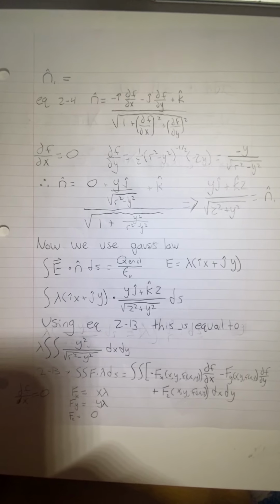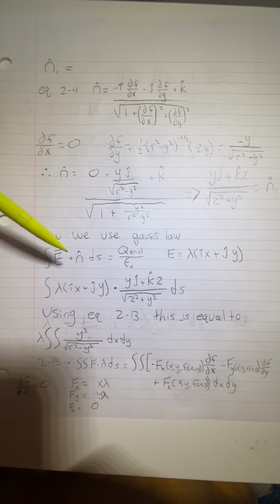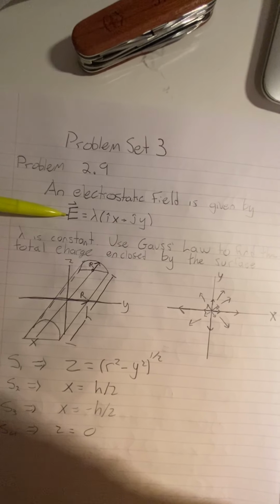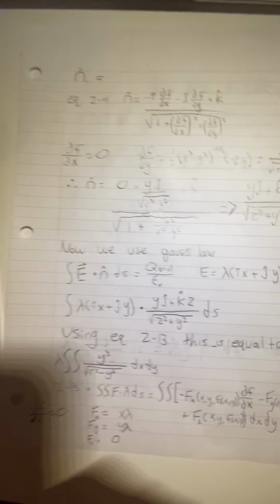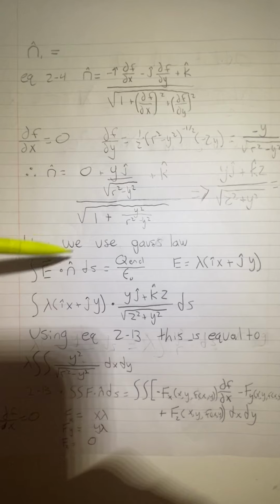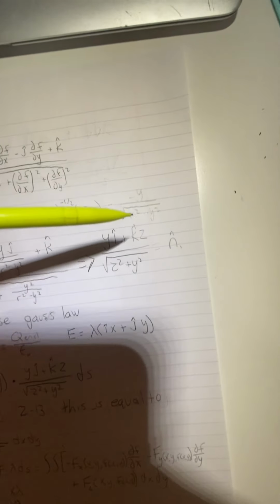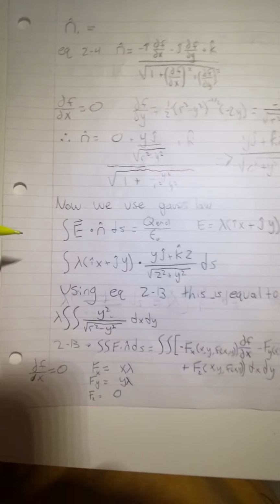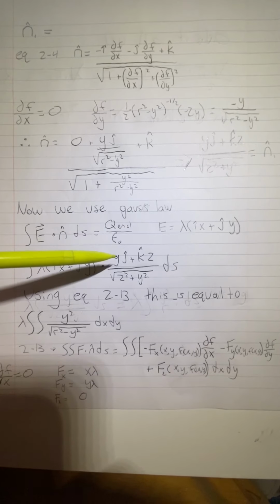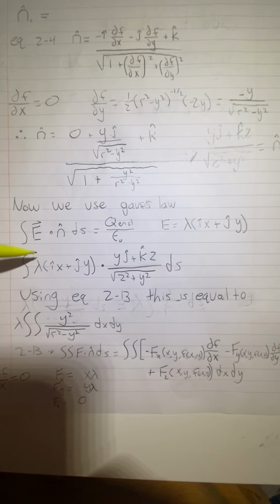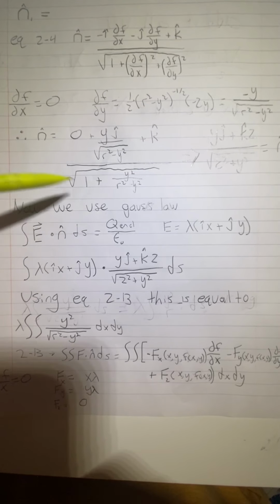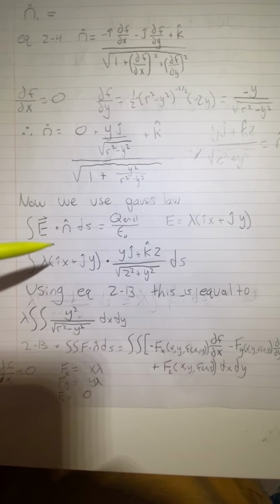Now we'll bring in Gauss's law, now that we have an equation for our field, which is this right here, and we have our n hat right up here. We can plug those in and work through this Gauss's law.